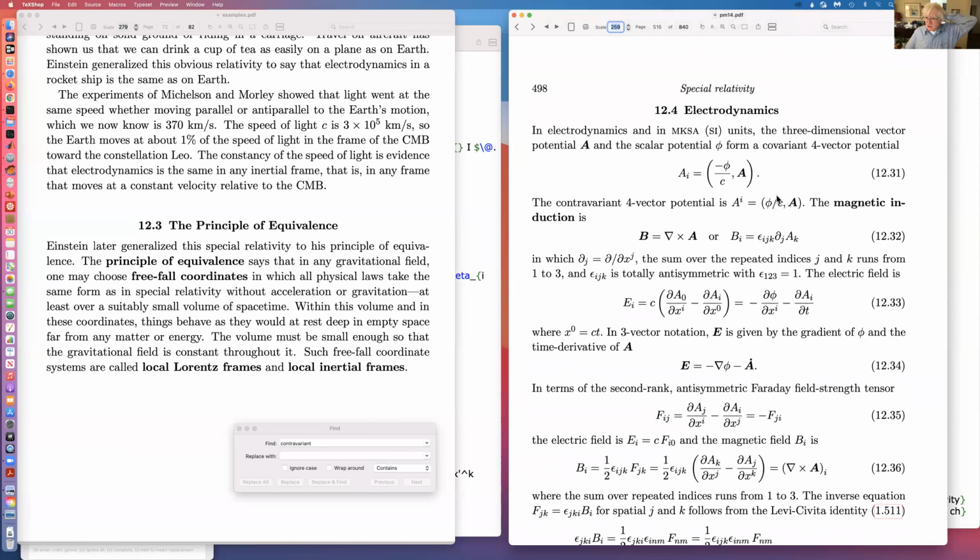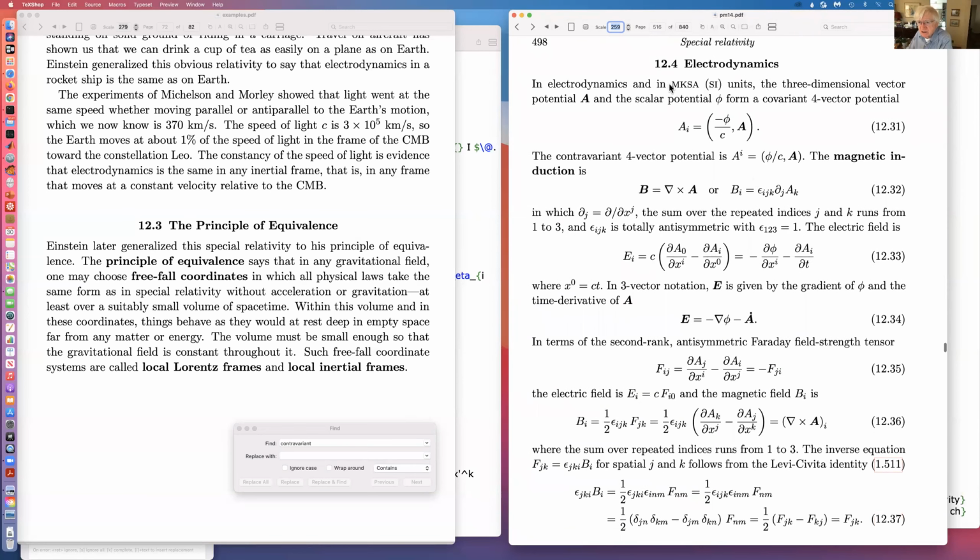So we finally get to electrodynamics, and this section is just a review of standard electrodynamics in the kind of units that most people use, MKSA, or standard international units. And in those units, the 4 vector is minus the electrostatic potential over c times the 3 vector potential.